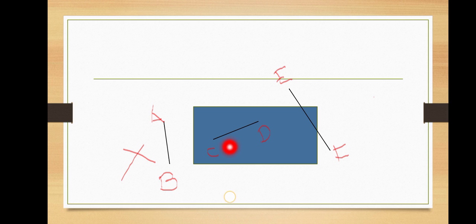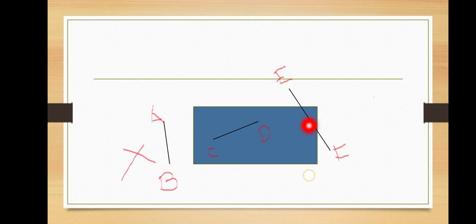Now go to line EF. In the case of line EF, when you compare with the window, some part of the line is outside the window and some part is inside.